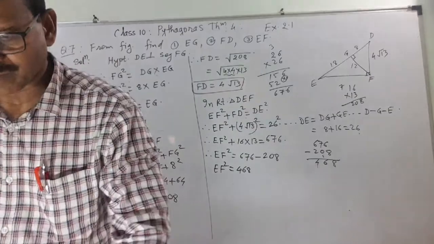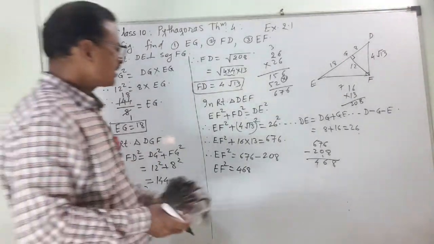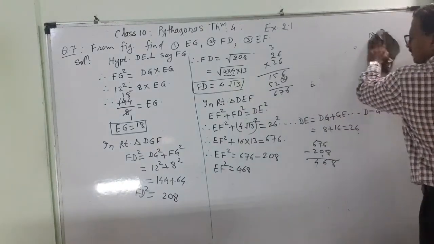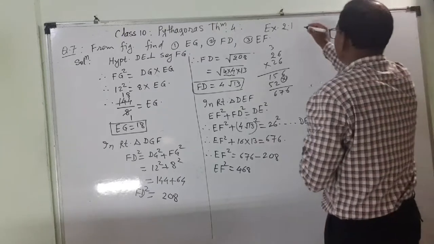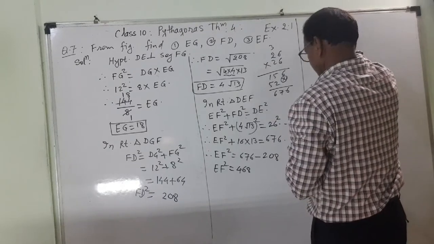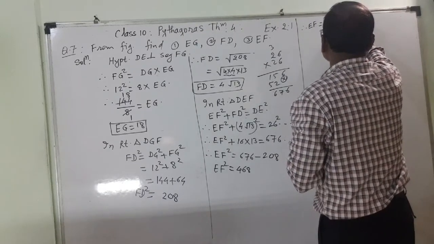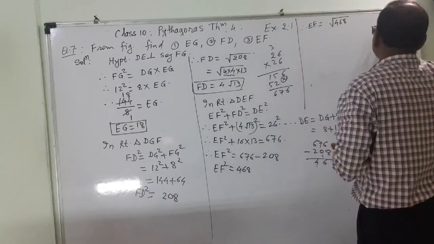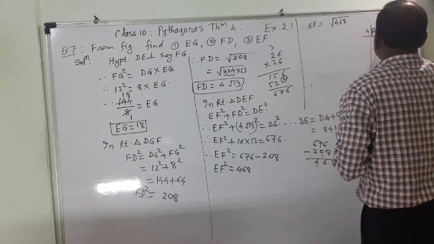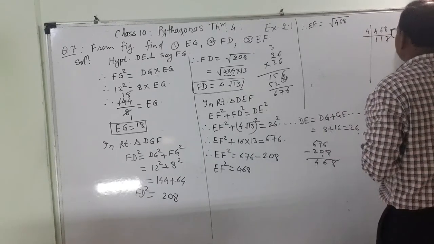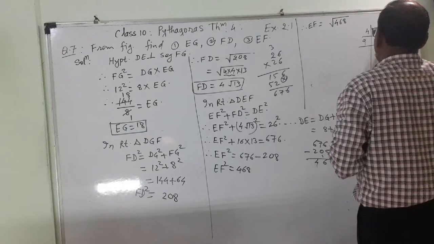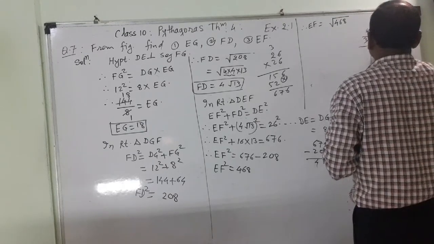Hope that you have understood up to this. Now I will make some place over here. I am rubbing the figure. Therefore, EF equal to under root of 468. Similarly, we will factorize it. 468, 4 ones are 4, 4 sevens are 28. By 3 we will, 3 threes are 9.